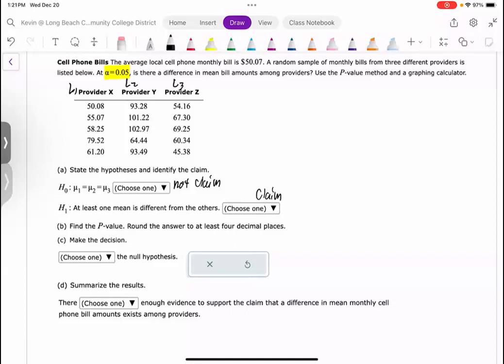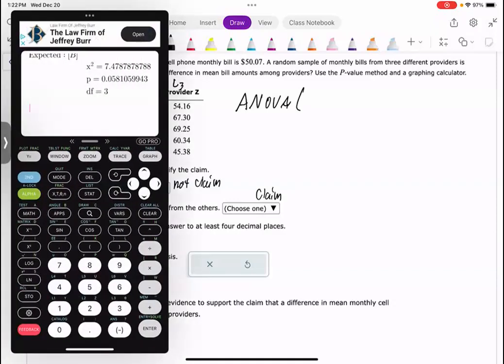We are looking for, in our calculators, ANOVA, analysis of variance. So here we go. Stat, test, it's going to be all the way at the bottom. ANOVA. And then we have to list using the comma button. My comma button is right above my number 7. So I'm going to do list 1, comma, list 2, comma, list 3.